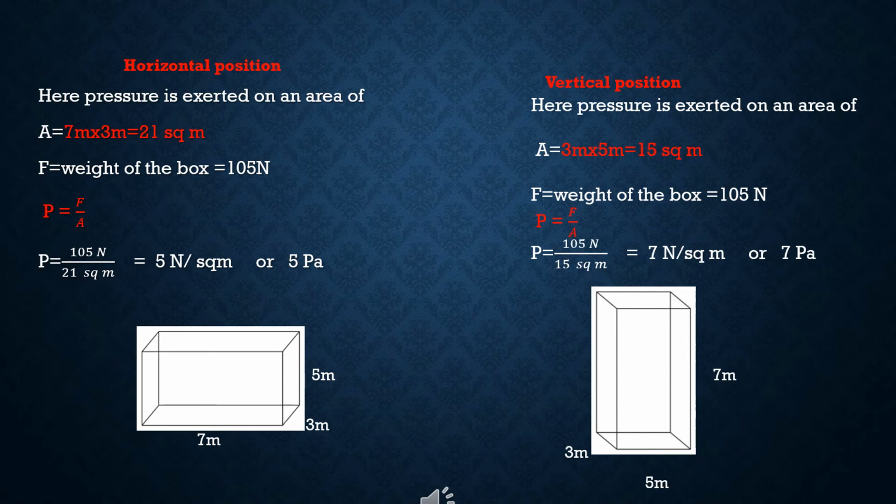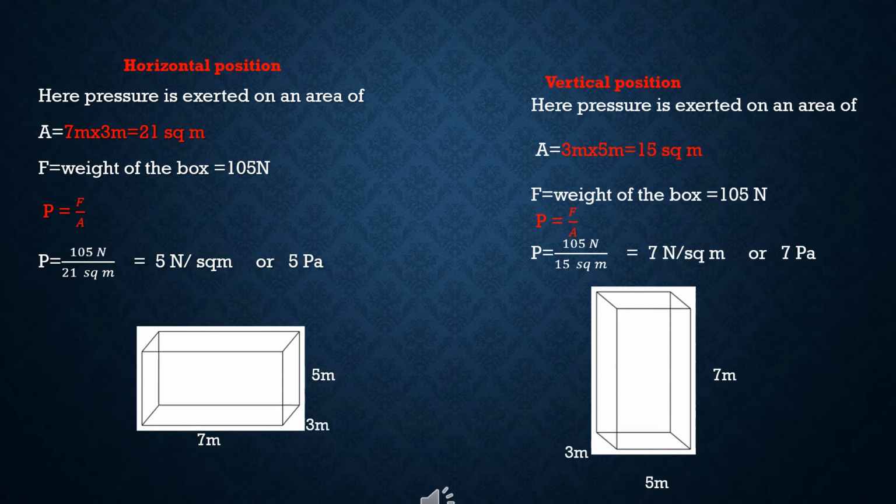So in horizontal position, pressure is equal to 105 divided by 21, that is 5 Newton per square meter, or 5 pascals. That is the horizontal position.